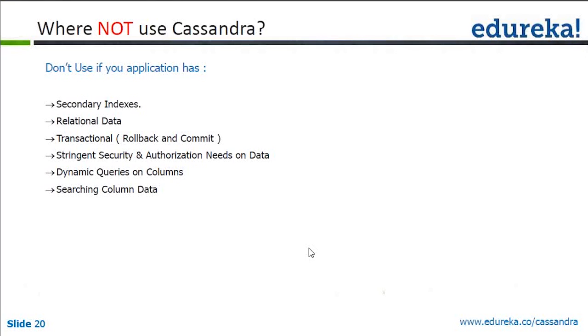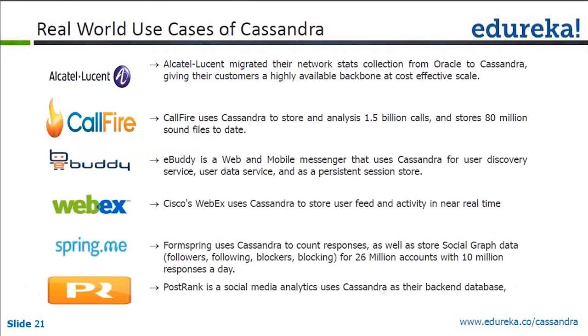And if you're expecting strict security and authorization at a data level, Cassandra may not be the right fit for you. The other two options are searching the column data and having dynamic queries on the columns. If you have these specific requirements, then Cassandra may not be the right fit for you.